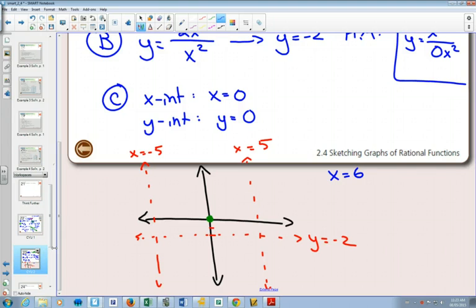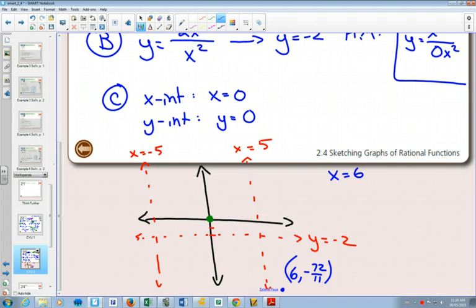So if I was going to graph that, I know that I have a point down here at 6 comma -72 over 11. I'm just going to estimate where that is.